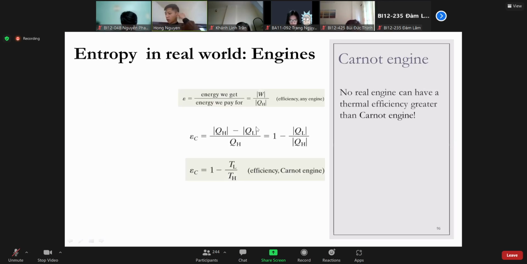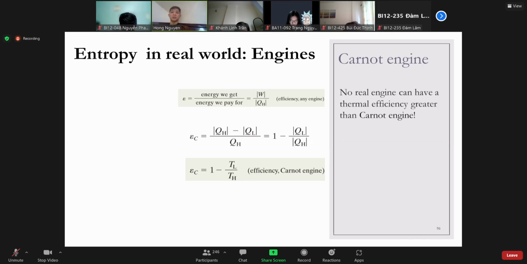Then what we really pay attention to for an engine is the efficiency, right, of the engine. We want to know the efficiency, hiệu suất, of an engine. We can calculate the efficiency of anything as the energy that we get over the energy that we pay for.